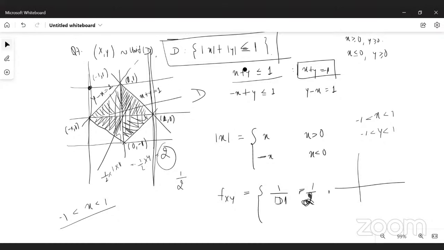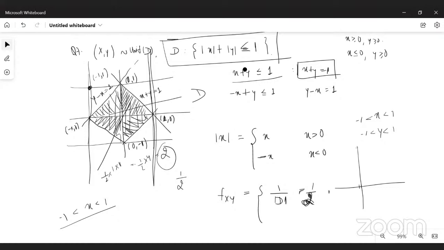Ma'am, can I just say something? Yes. It is given that the PDF is given as 1/2, right? That means the entire area will have uniform density of 1/2, right? Yeah, right. So by drawing the graph, we can clearly see that the area outside that square will be 0, right?